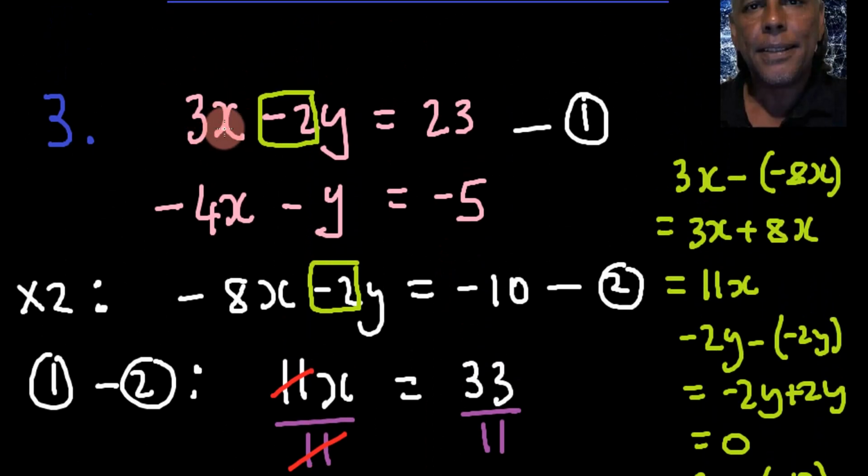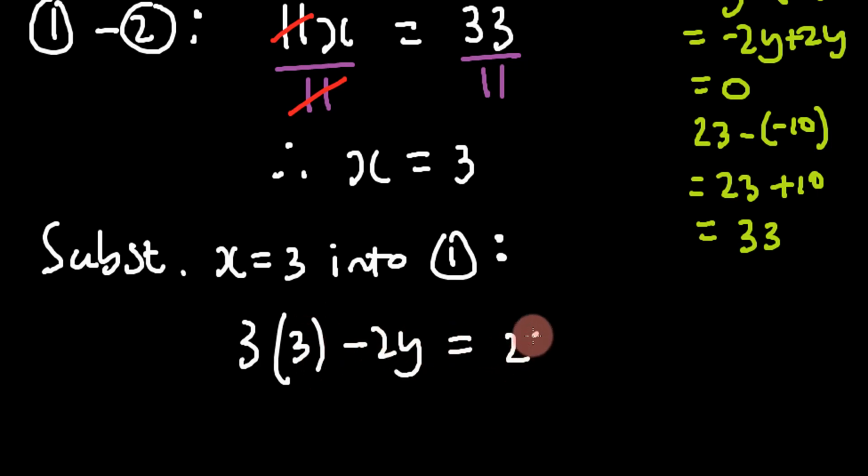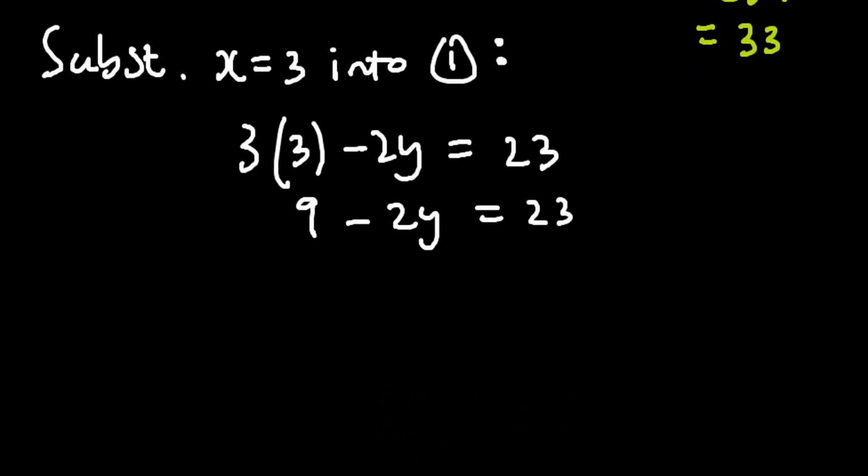So we have 3x minus 2y equals 23. We simplify. We can take the 9 to the right-hand side. So 23 minus 9 will give us 14.